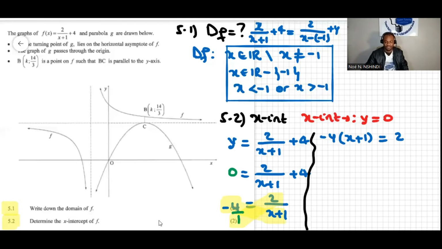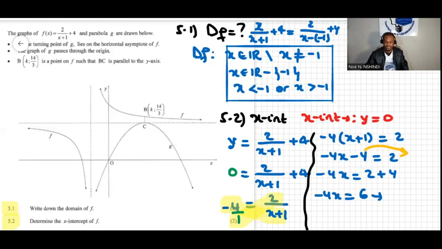Then let's expand this. That makes -4x minus 4 equal to 2. Then if I move the -4 over, this becomes -4x equal to 2 plus 4. And then this will become -4x equal to 6.